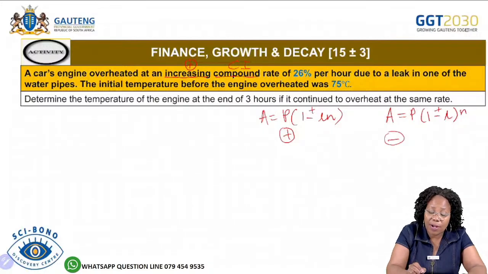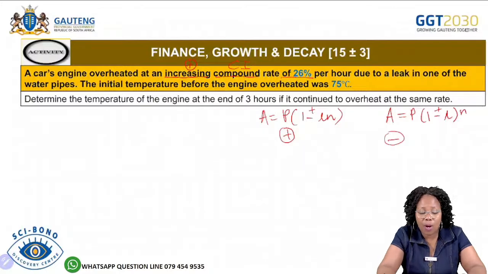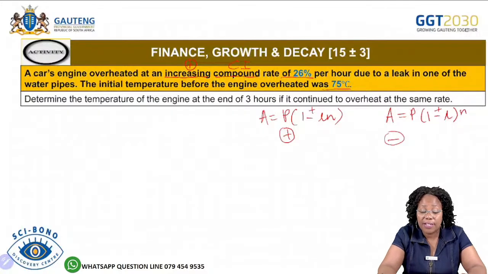And then what is our rate? The rate is 26% per hour due to a leak in one of the water pipes. The initial temperature before the engine overheated, the temperature was at 75 degrees Celsius.